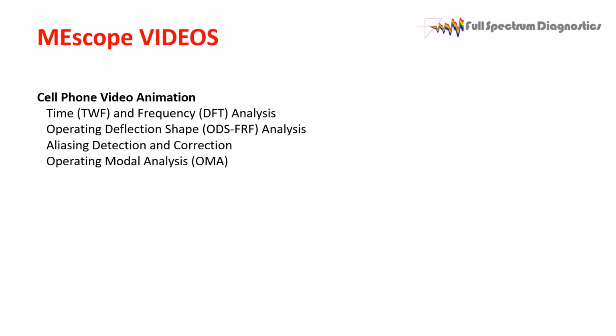And I lay on top of everything those peaks, and I can see the dominant response of the cell phone video. We can also do an operating deflection shape analysis. And why would I do that? It's because I can average.